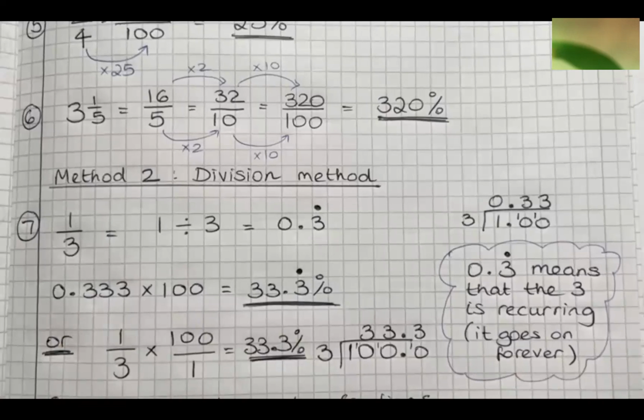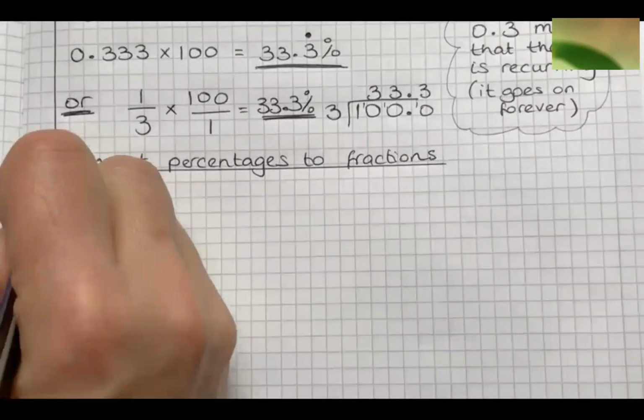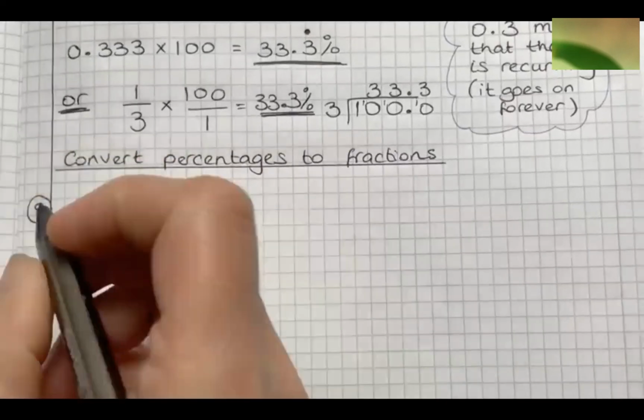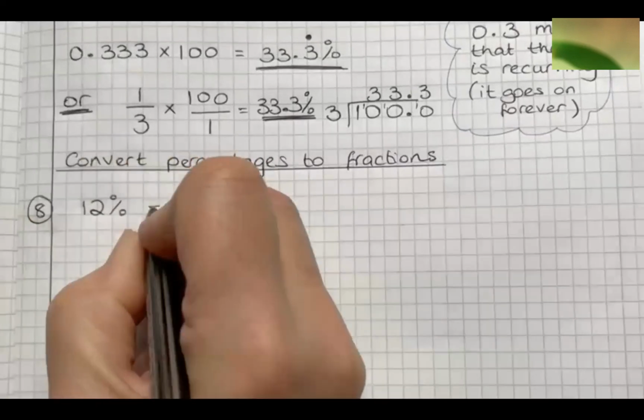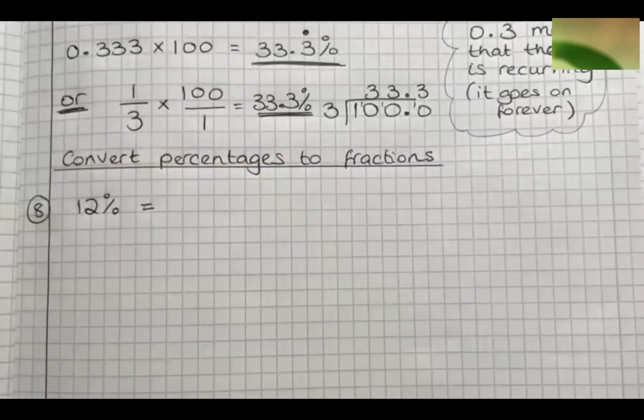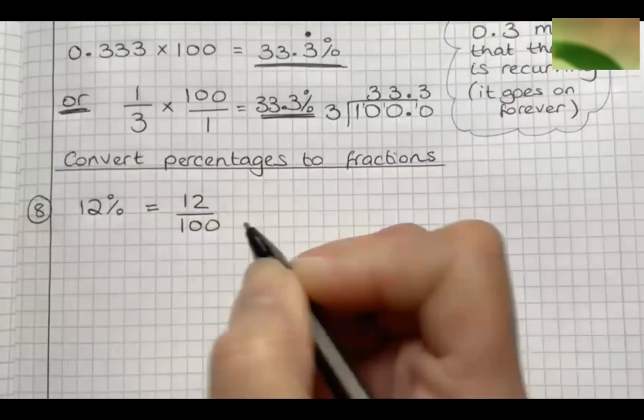A couple more quick examples. Question 8. If we had 12%, then we know that a percentage is a fraction with 100 as its denominator. So I can write that as 12 over 100.